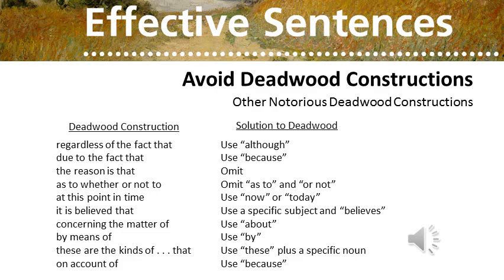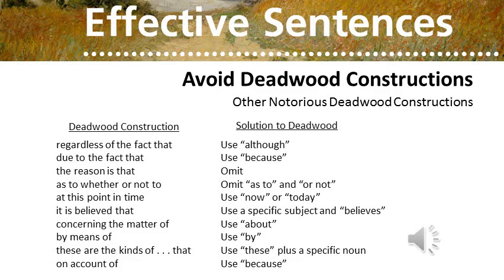The reason is that needs to just be stricken from any kind of writing. As to whether or not: either omit as to and or not, and whether will be fine. At this point in time can be handled simply with now or today.